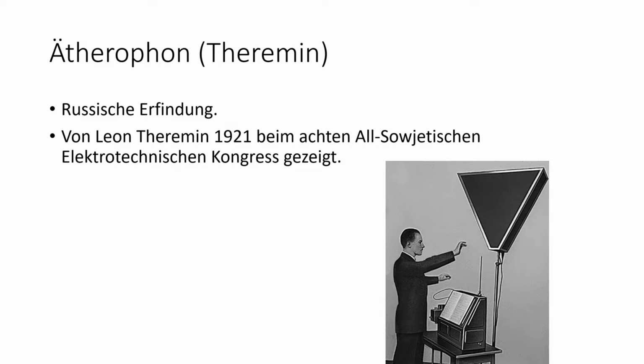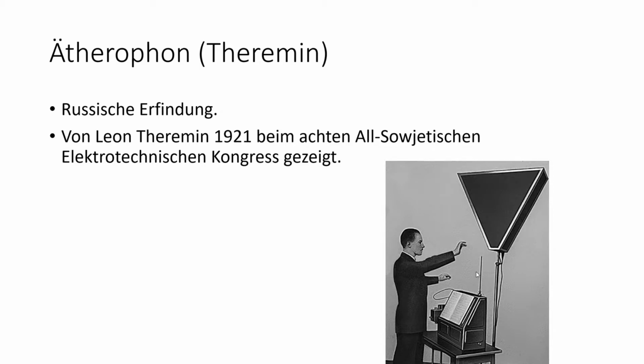In the year 1921, it was presented at the 8th All-Soviet Electronic Congress, and it has two components that control the music. It has one antenna on the right here, which controls the tone height.